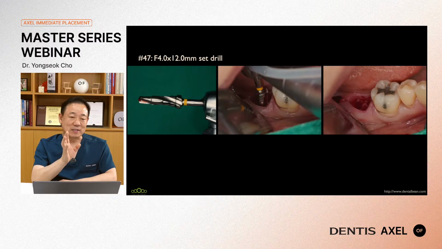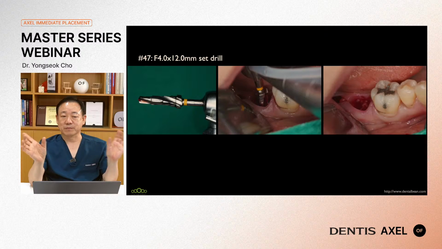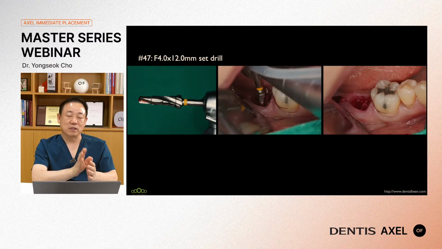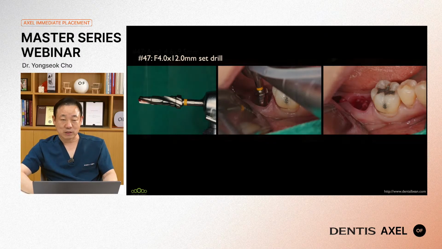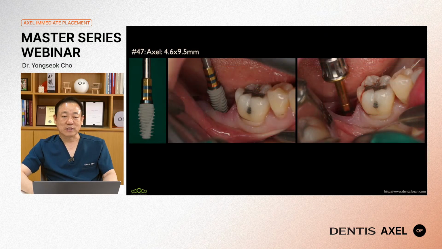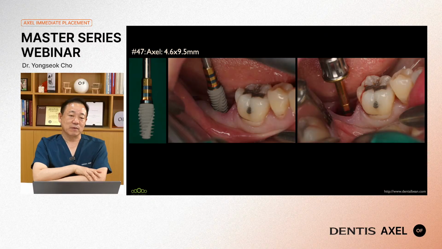Even in the same patient, in a split mouth situation, a very similar situation, bone density is different depending on location. I felt a slightly soft bone density, so I tried under-preparation on the right side. After under-preparation, I placed an implant of the same size and the same length.